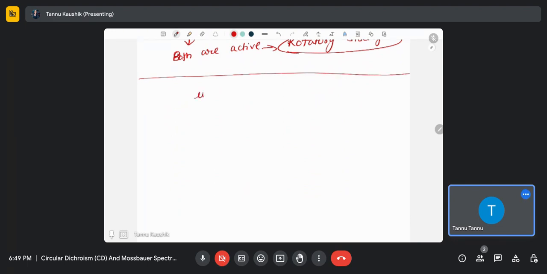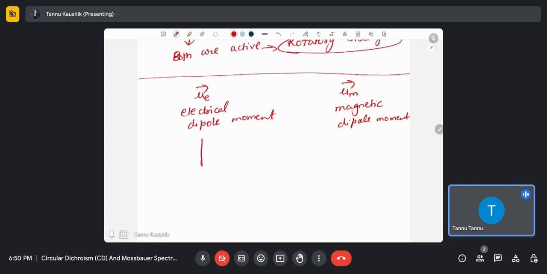So when we have this electrical dipole moment and magnetic dipole moment, the electrical dipole moment interacts along the line, and the magnetic dipole moment interacts in a circular way perpendicular to the electric dipole moment.